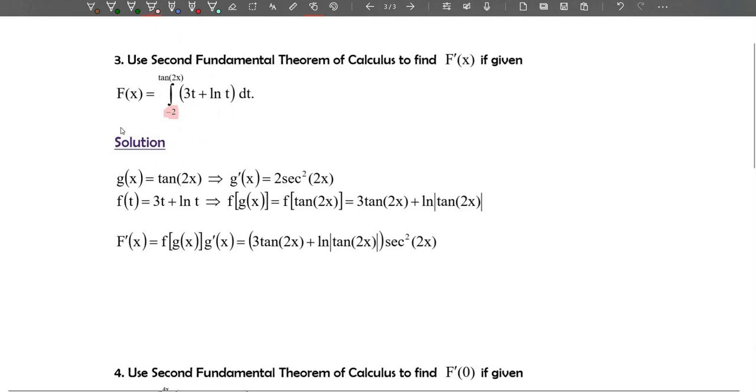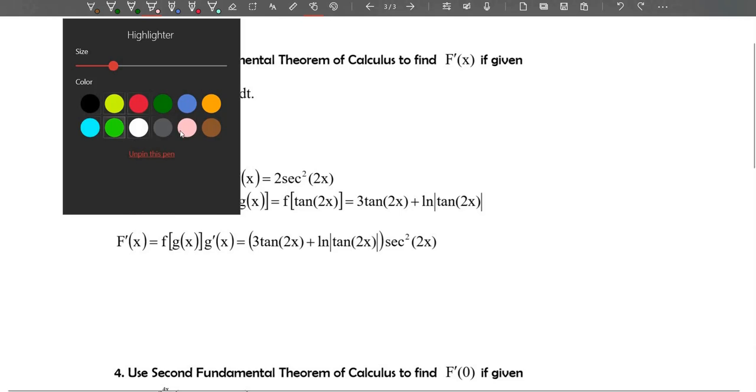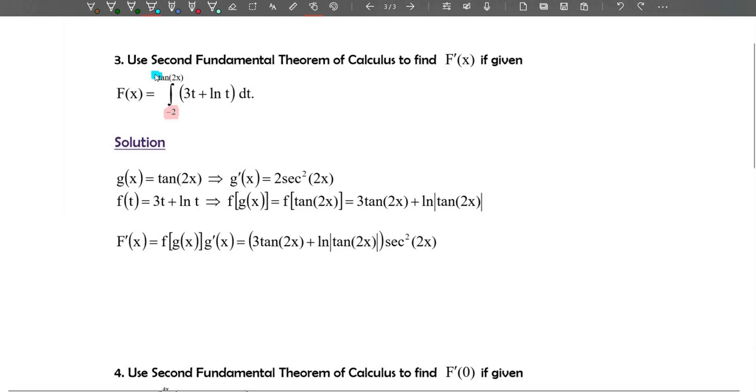It doesn't matter positive, negative, 0, as long as it is a constant. Right now g(x) is tangent x, and f(t) is 3t plus ln t here.